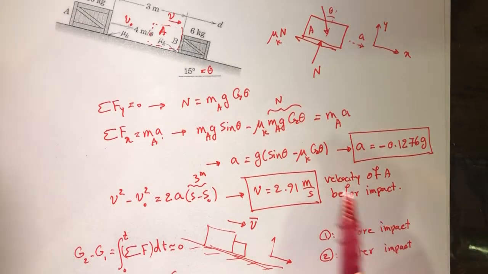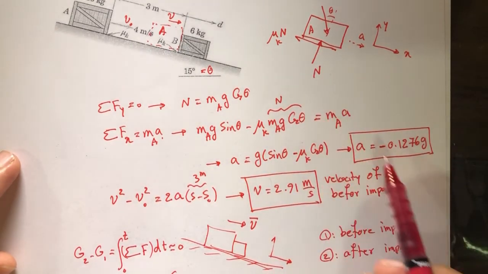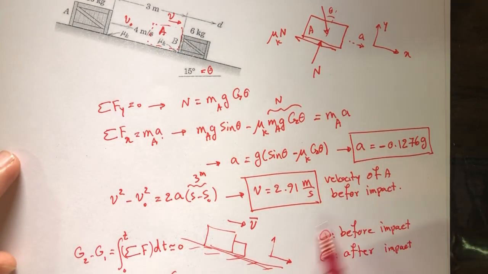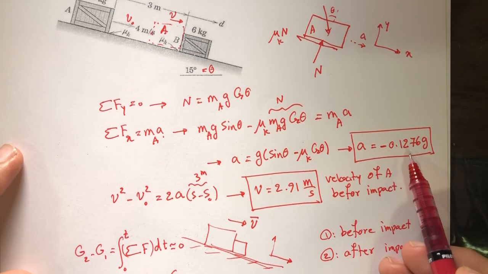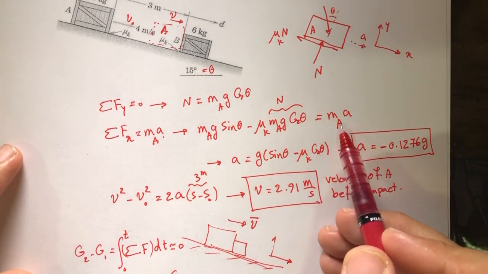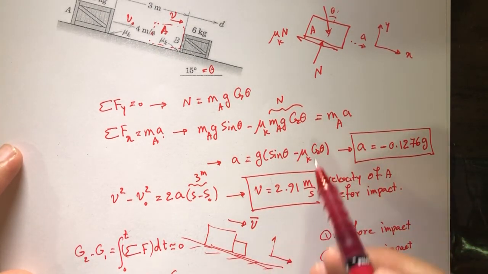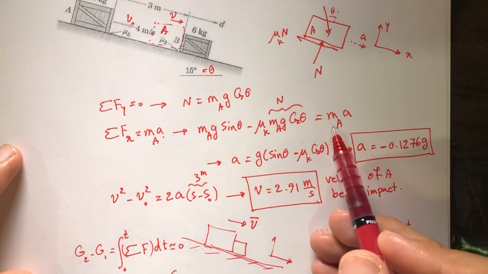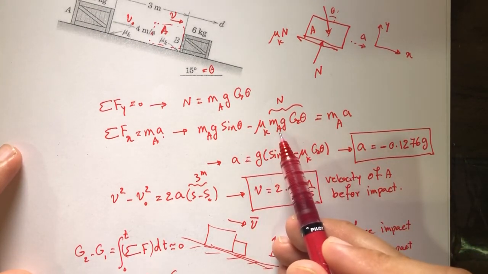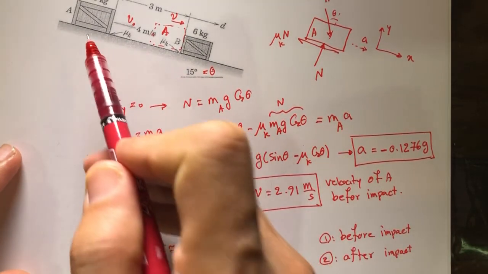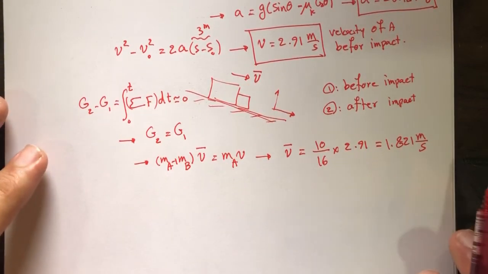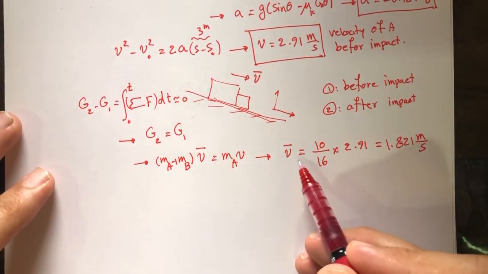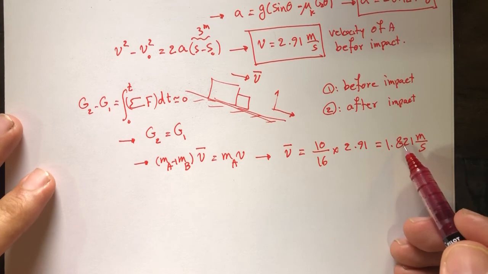We calculated this for box A, but if you want to calculate the acceleration of both boxes after the impact when they are stuck together, you're going to get exactly the same thing, right? Because as I showed you here, the acceleration down the incline is independent of the mass of the system. So if you write this equation for mass A or mass B or a combination of them, you are going to get the same acceleration.